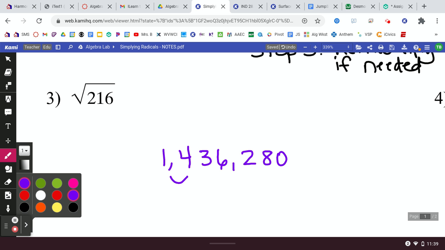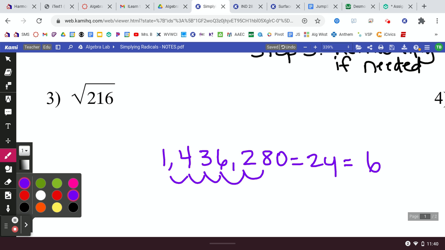One plus 4 is 5, plus 3 is 8, plus 6 is 14, plus 2 is 16, plus 8 is 24. They all add up to 24. If you're not sure about 24, what's 2 plus 4? 6. Is 6 divisible by 3?